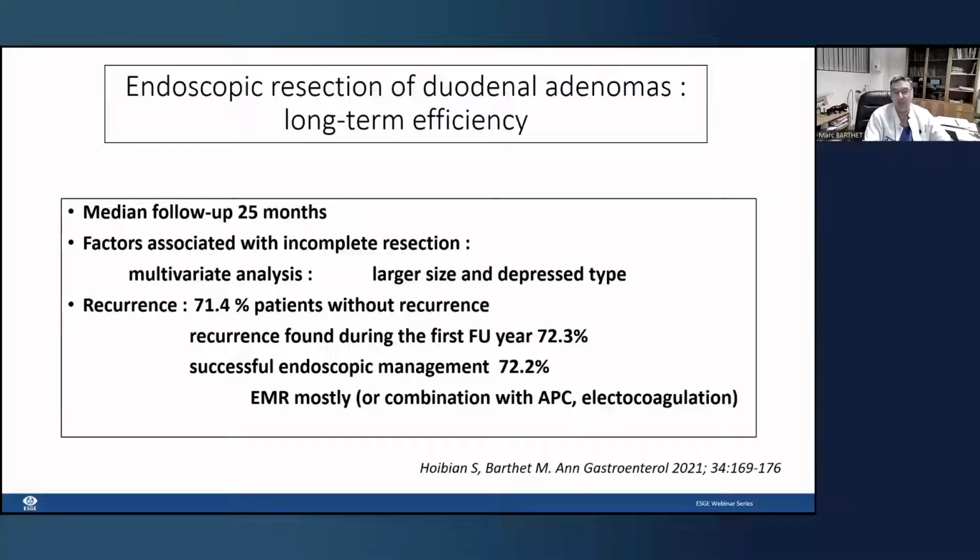You still have an inflammatory pattern, so you cannot have a good idea about the recurrence. And when you are sure about the endoscopic recurrence, you can do a successful endoscopic management in 72% of the cases, by EMR mostly, and sometimes in combination with APC, but take care with APC or electrocoagulation.